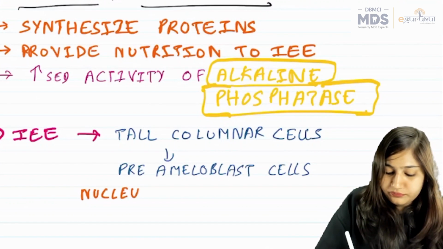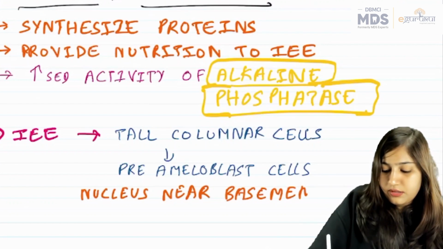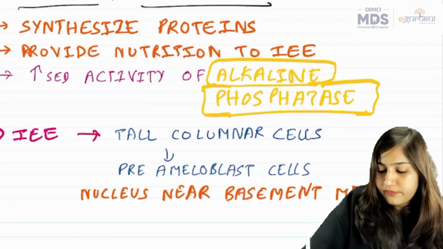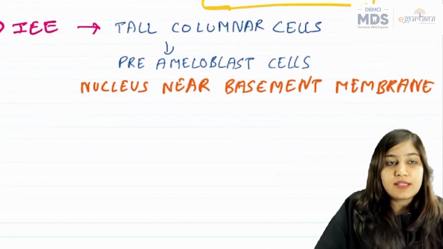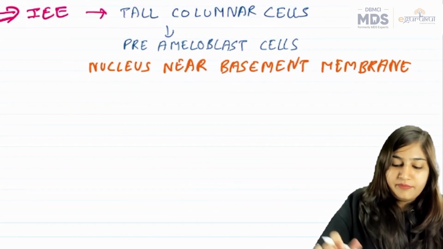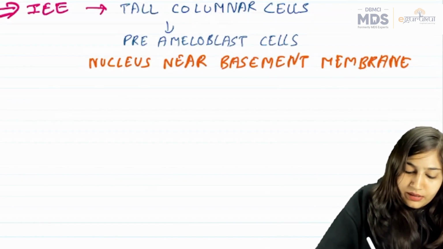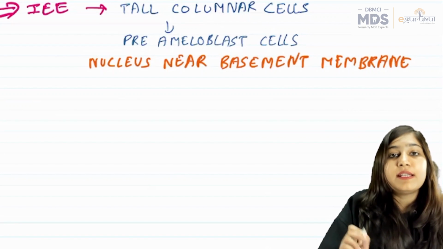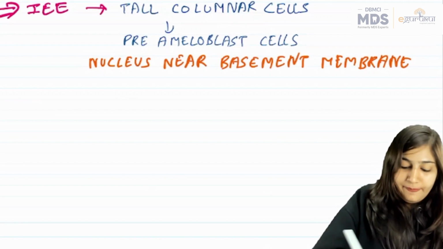Histodifferentiation of cells starts. They influence the underlying outermost layer of the dental papilla cells to differentiate into odontoblast cells.